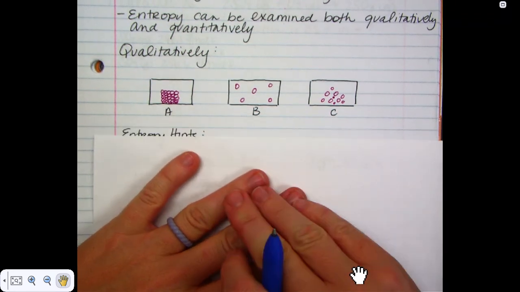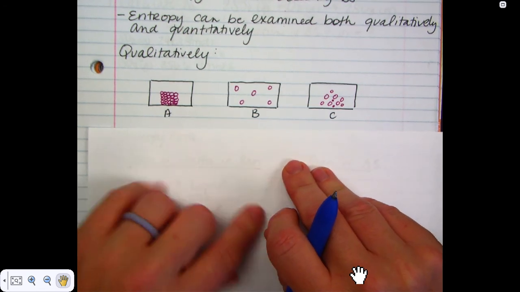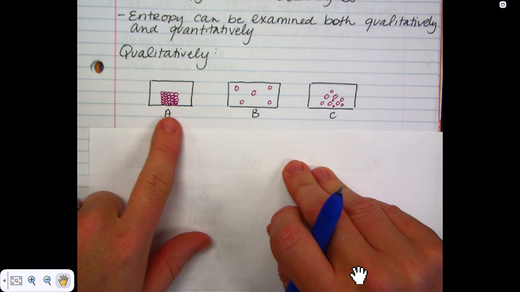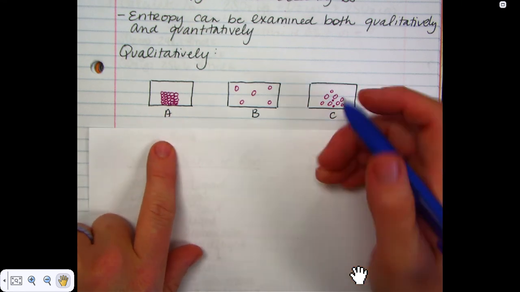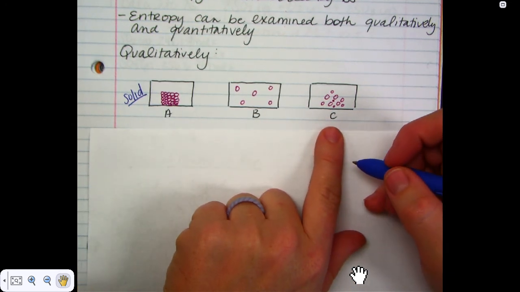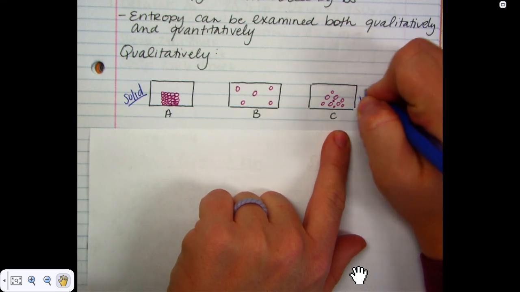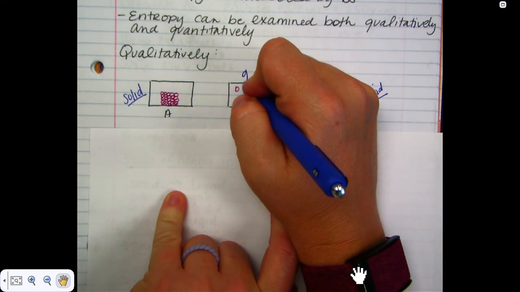Well, if you think about it, these are representative of your states of matter. So what state of matter is A? My molecules are packed together tightly, closely touching. This is a solid. C is kind of close, not as close as A. This is a liquid. And then B is a gas.